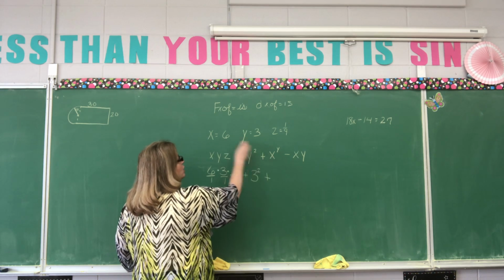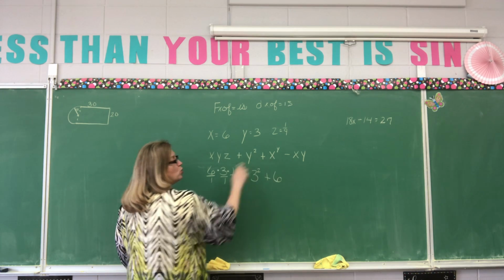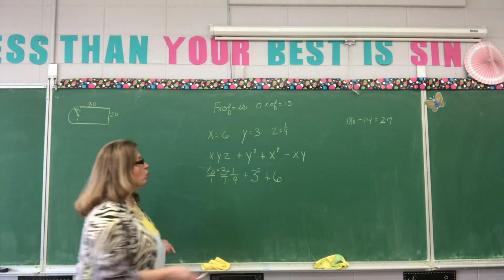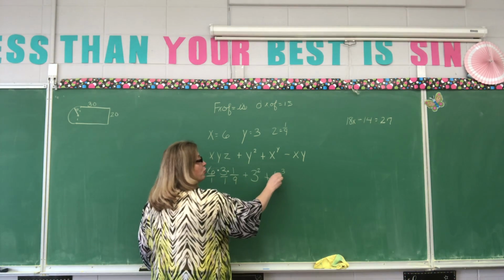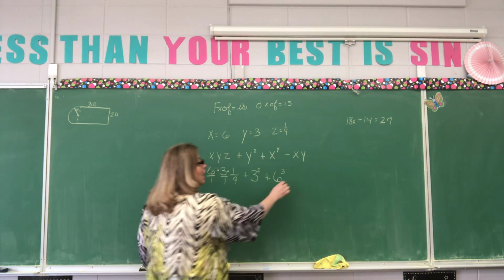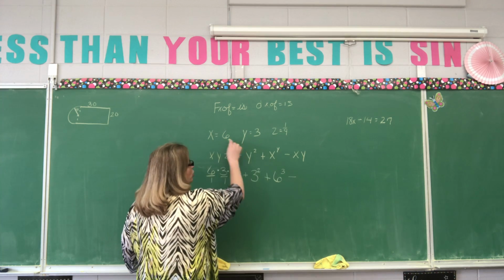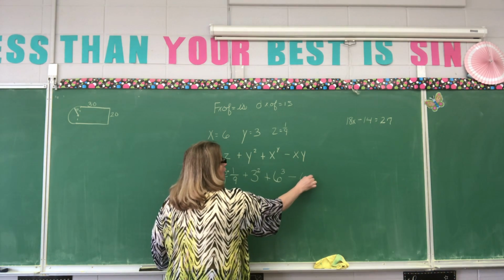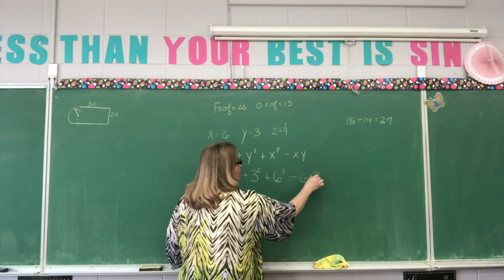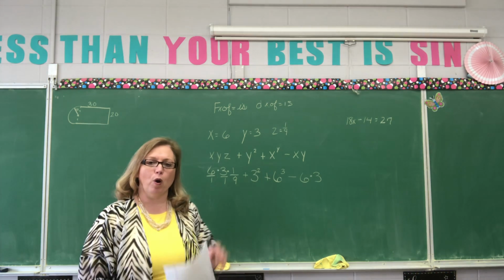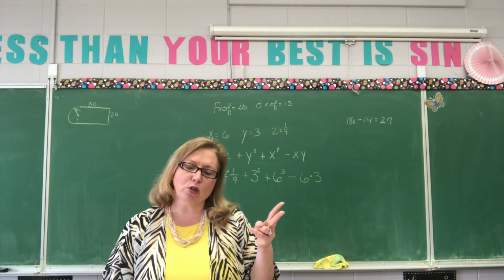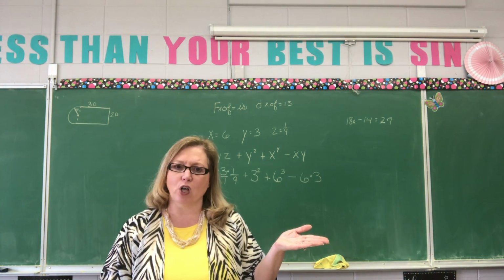Then we have x, which is 6, to the y power. Well, y is 3, so we're going to put it to the 3rd power. Minus x, which is 6, times y, which is 3. So, we wrote our problem. We substituted our problem. Now we simply solve it.